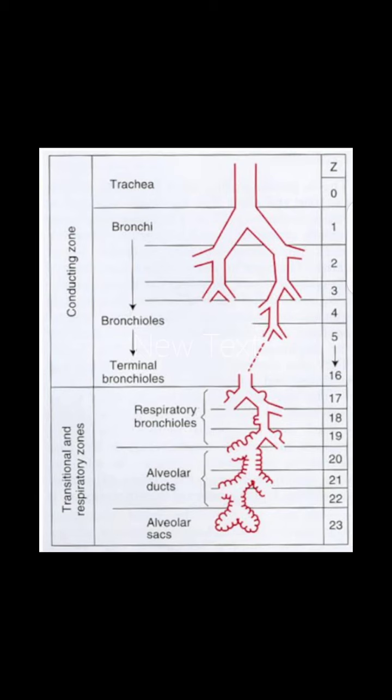So in a healthy person, physiological dead space is equal to anatomical dead space because the alveolar dead space is negligible, because every aspect of the respiratory zones is functioning well, and it's expected that gaseous exchange should take place here, and there shouldn't be any dead space in the respiratory zone here.